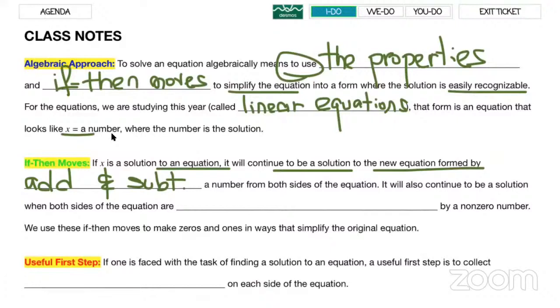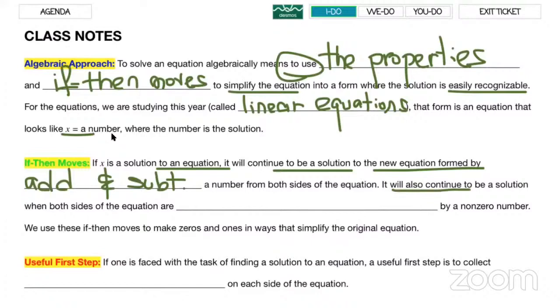If you guys remember, when we do if-then moves, we always add or subtract something, step number 1, okay? To write the equation down in the shortest way. And that's step number 1; this is step number 2.